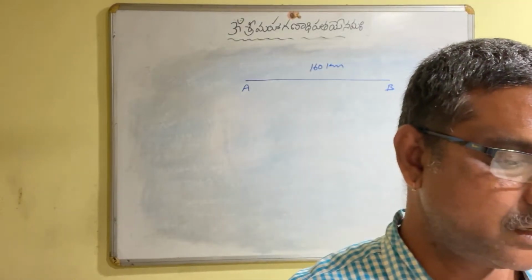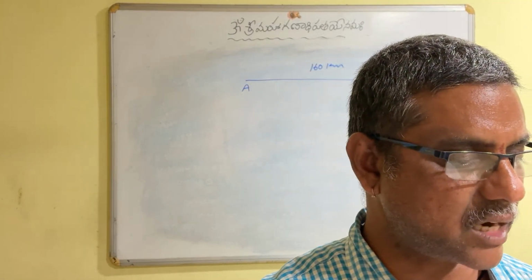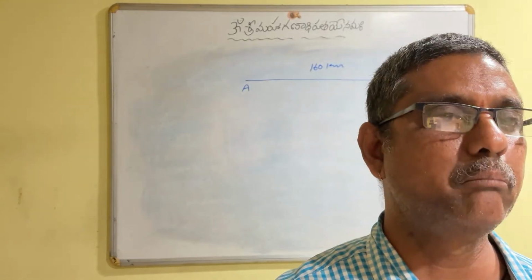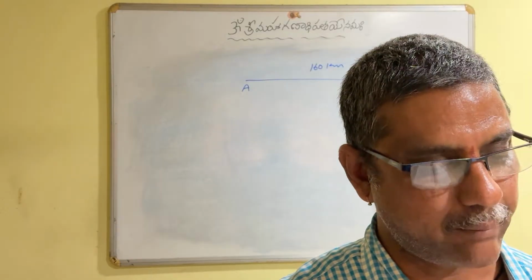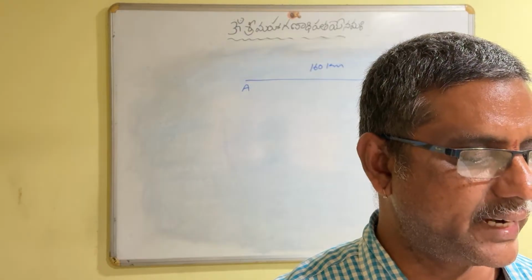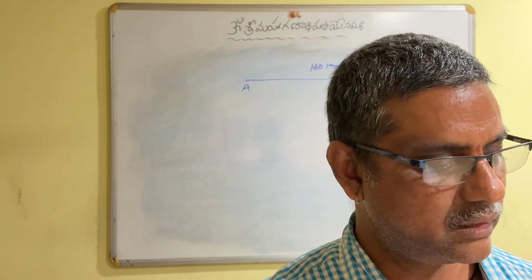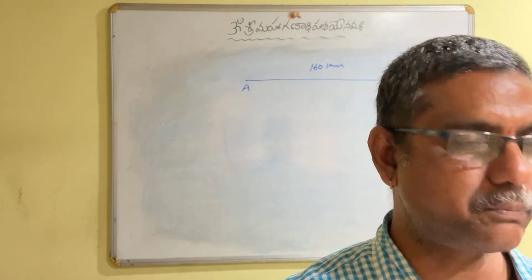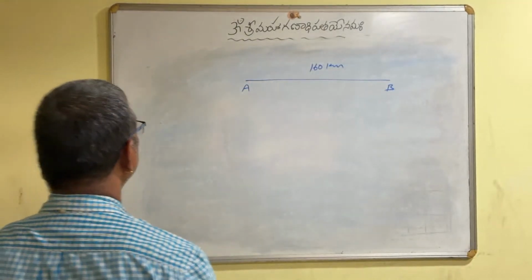One car starts from A, another car starts from B, and both are starting in the same direction and at the same time. If they travel in the same direction, they will meet in 8 hours. If they travel in opposite direction, they will meet in 2 hours. Find the speed of the car. Okay, na? Right, children.